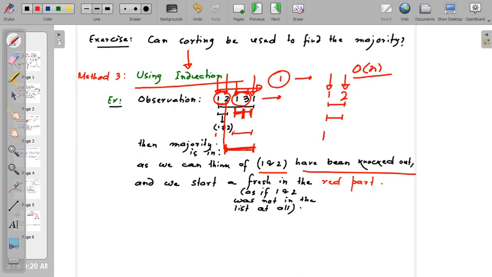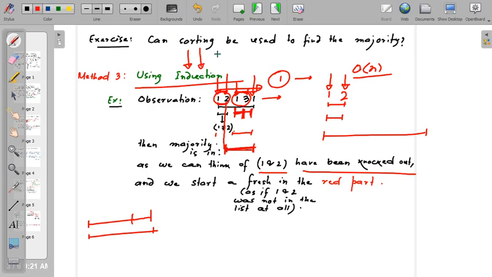So we are not taking the whole array, we are proceeding incrementally. The method of induction means that if something is true for lesser values of n, then it will also be true for higher values of n. So that incremental fashion we are taking here, which means we are utilizing the method of induction technique.